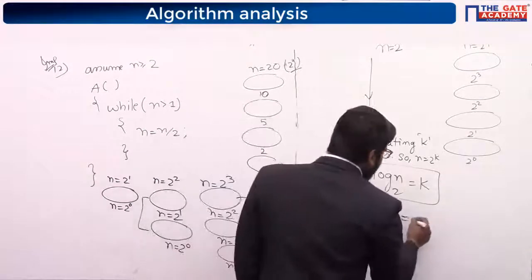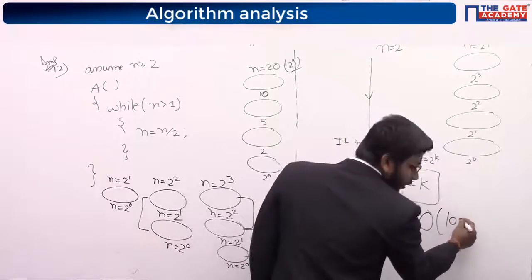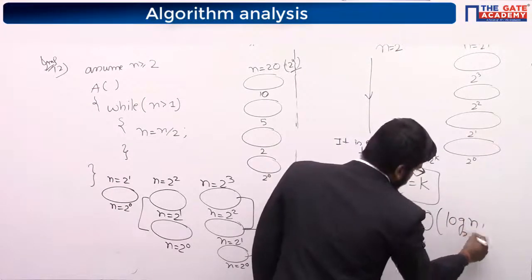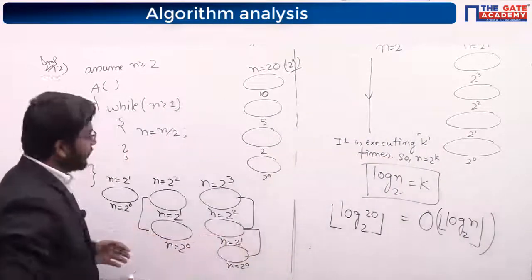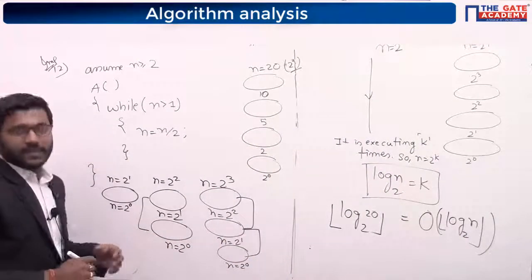So our time complexity is going to be floor of log n, because for all kinds of numbers we have to think how many times it is executing.